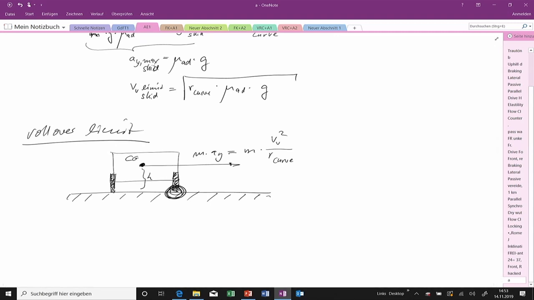So if this centrifugal force above is too high, then the left wheel will lift off, and the vehicle will rotate around this contact point of the right-hand wheel on the road.